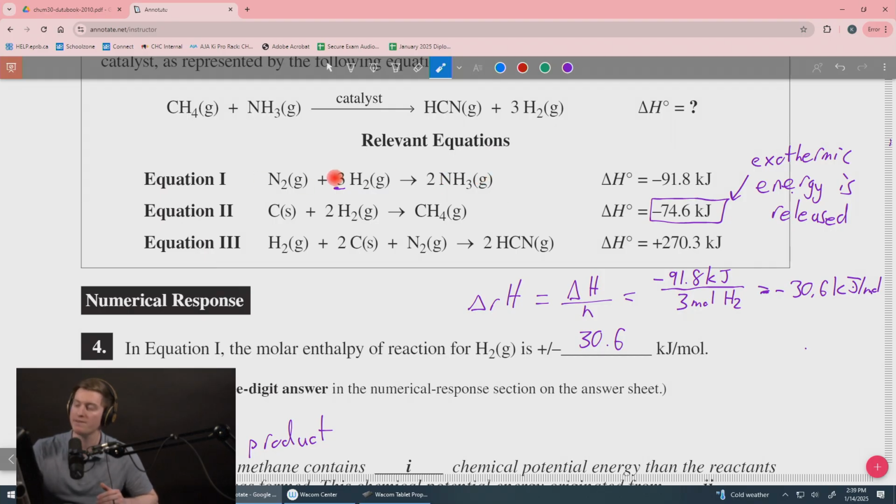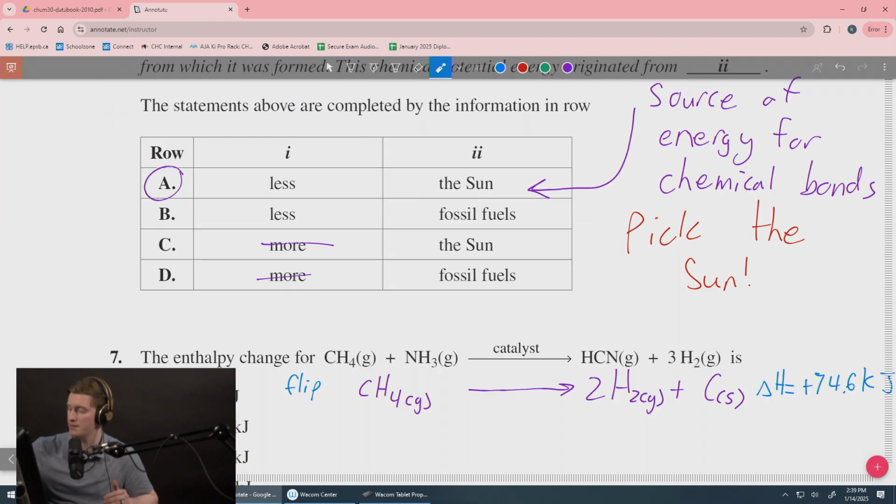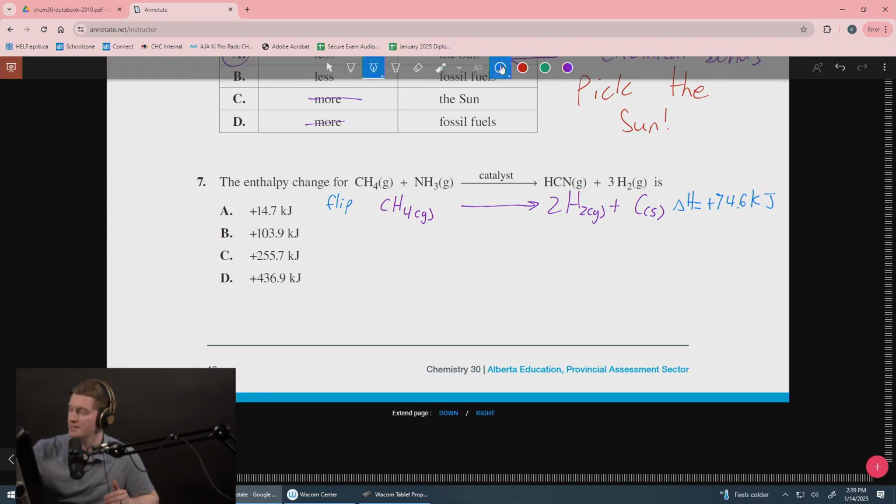So I'm going to halve every coefficient in this reaction, which is going to halve my delta H. It's also going to change the sign on the delta H because I flipped it. So I'm going to put in blue what I did here for this reaction. I'm going to flip, and I'm going to halve it.